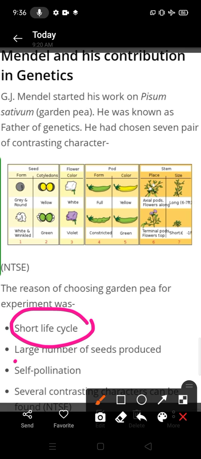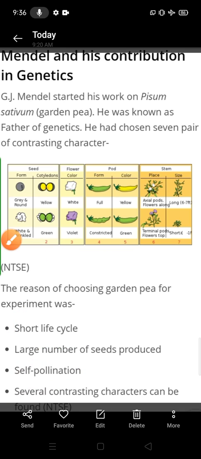Second, a larger number of seeds. In one plant you get a large number of seeds. Next is self pollination. These plants are able to self pollinate. Next is several contrasting characters. As you can see, in one plant you can observe 7 characters. So that's why Mendel chose the garden pea plant for his experiment.